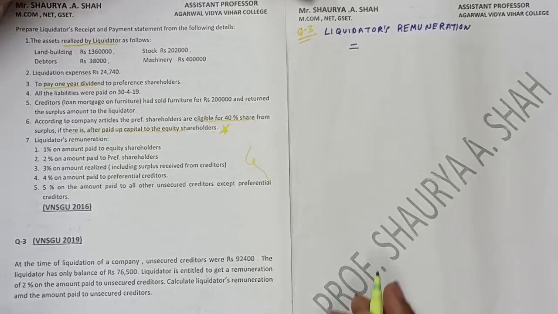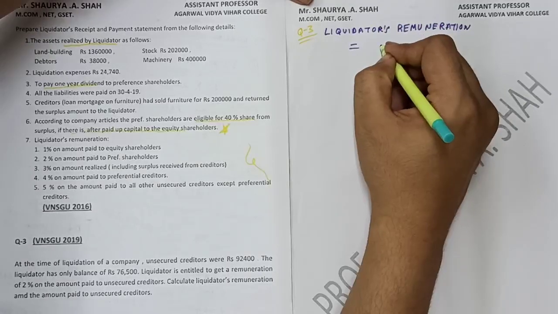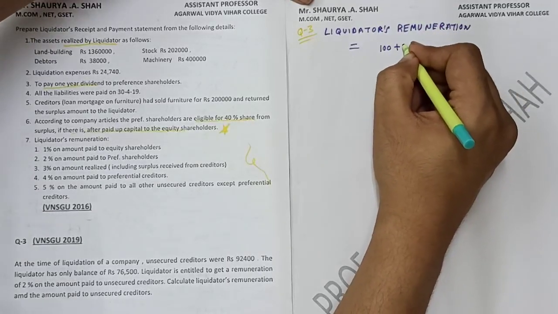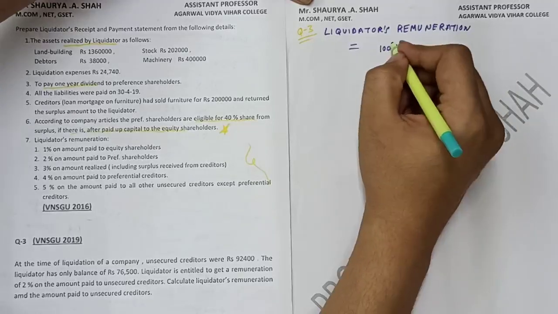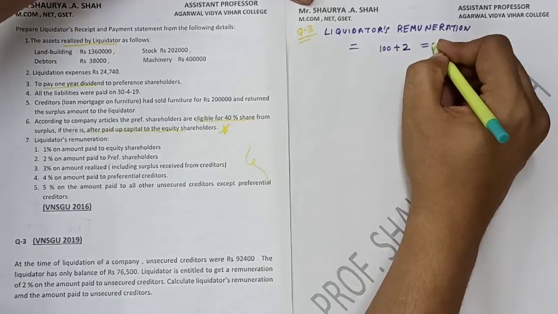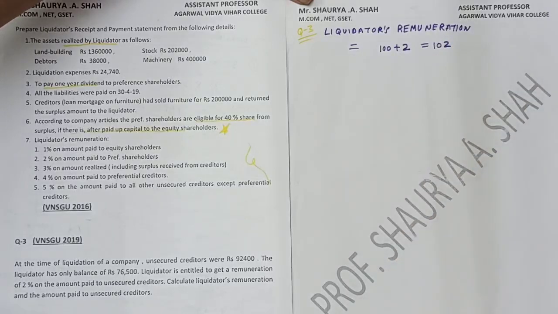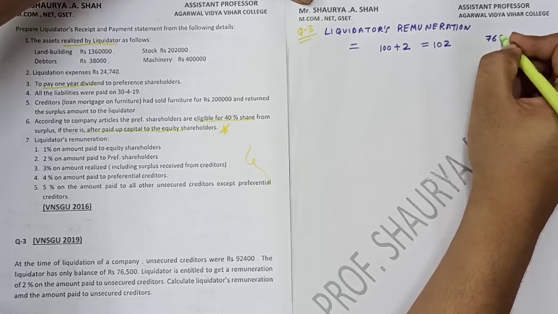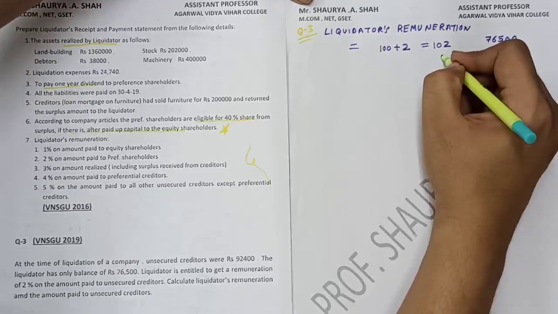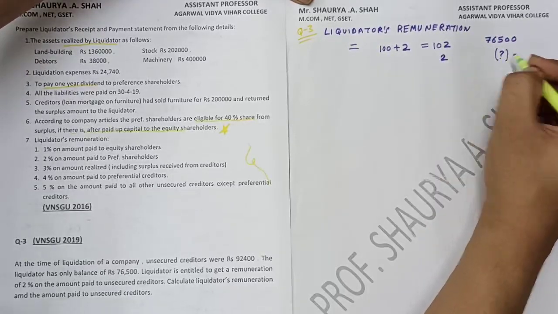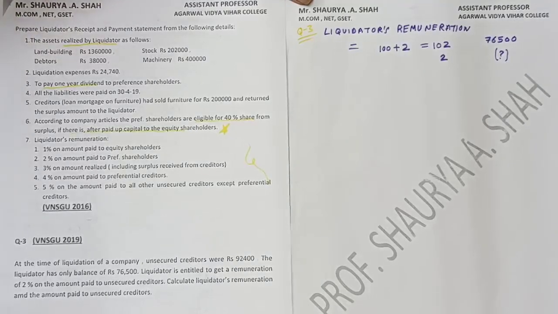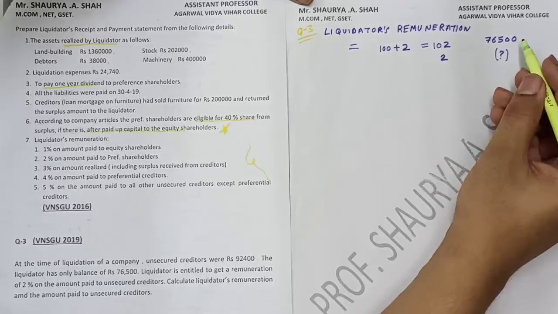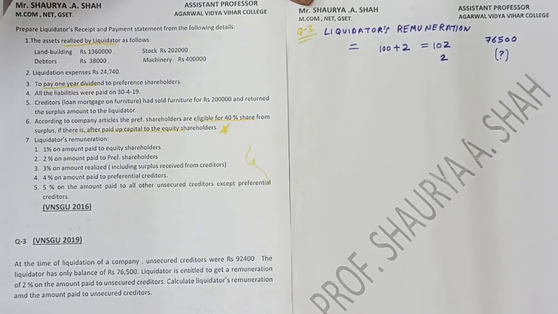If I say the total amount supposed to be paid is 100, and liquidators remuneration is 2%, so 2 rupees on 100, it is 102. So 102 corresponds to the balance of 76,500. So what will be my liquidators remuneration of 2? Simple equation you need to understand. If 102 is the total amount, then how much will 2 be?